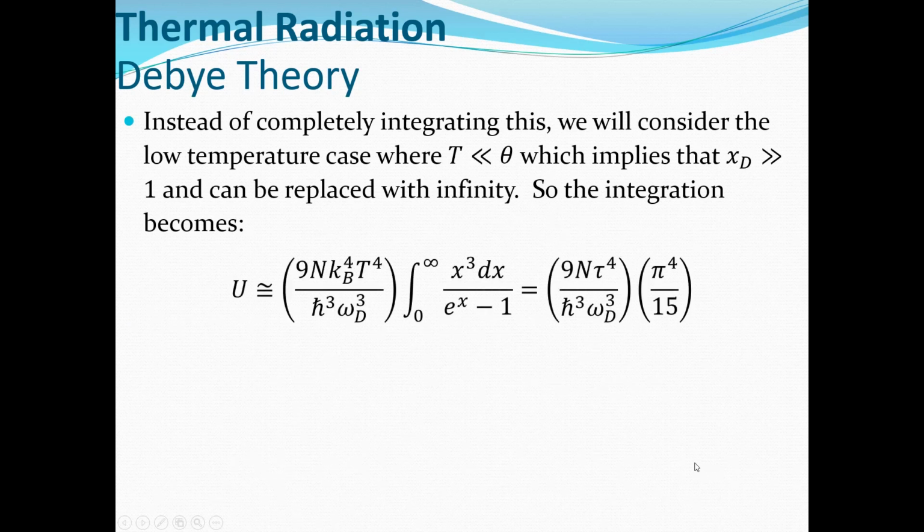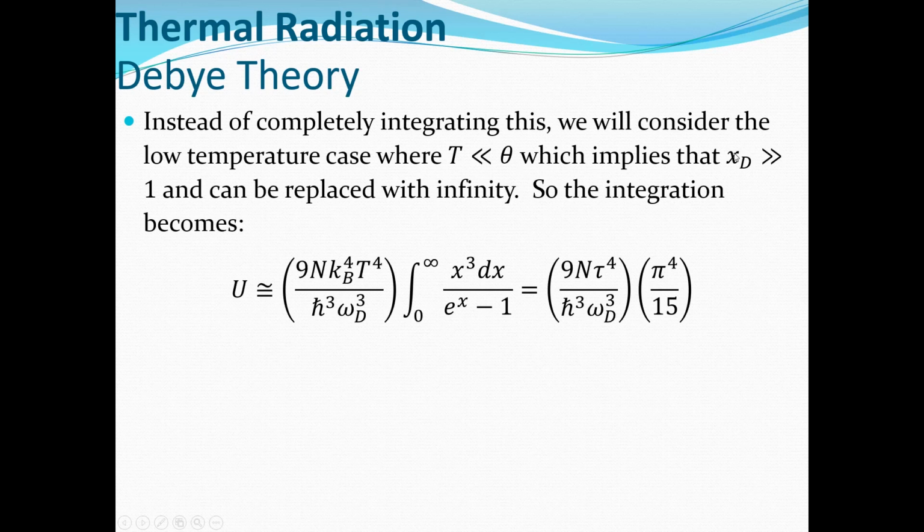Now here, because there is somewhat of a limit, we're going to have to consider two different cases. So there's the low temperature case, where the actual temperature is going to be much smaller than the Debye temperature.